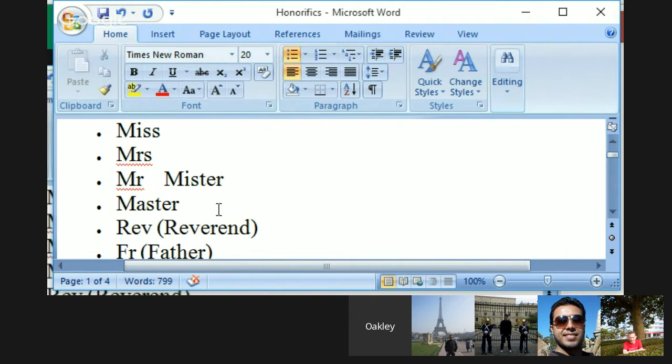Boys, to put it bluntly. And it doesn't necessarily have to do with marriage like Miss and Mrs. Jorge was perfectly correct in talking about marriage as being the defining factor. That is not the case with master and Mr. Master just means boy, not adult, and Mr. is for any male who is adult.